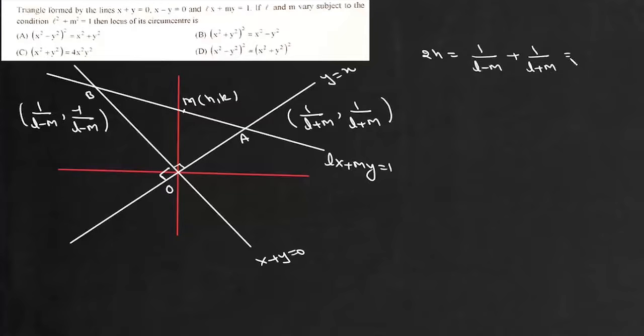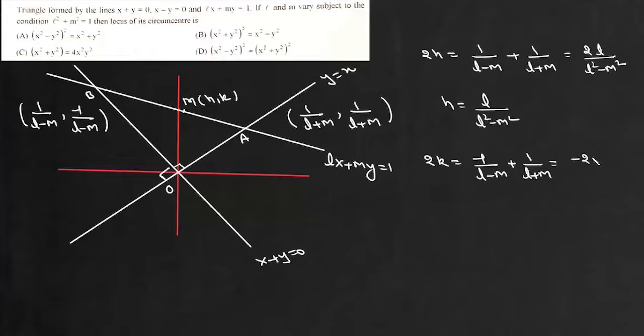So there will be 2l upon l square minus m square, or this h is l upon l square minus m square. And for the y coordinate we can write 2k equals minus 1 upon l minus m plus 1 upon l plus m. So there will be minus 2m upon l square minus m square, or this k is minus m upon l square minus m square.